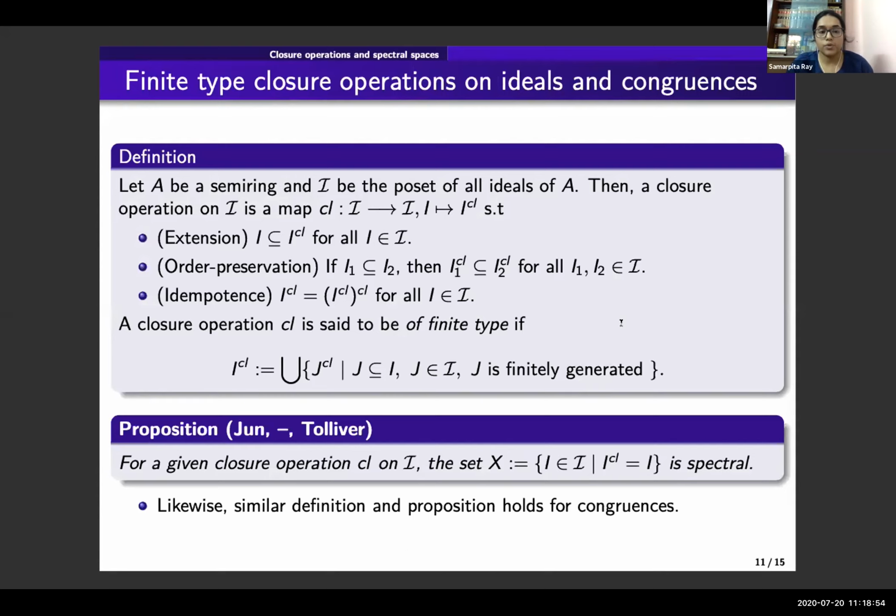And what we proved is that the finite type closure operations form a spectral space. And whenever I'm talking about certain results in terms of ideals, I've also done that for congruences to keep that simultaneously going, because which is the better option, ideals or congruences, for tropical schemes is still not settled.